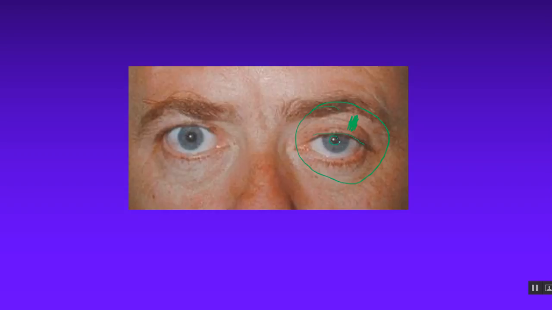Your pupil is constricted because you don't have a balance between parasympathetic and sympathetic, because sympathetic is for pupillary dilation, so it stays constricted because parasympathetic is the only control you have of that. So you've got constriction of the pupil.